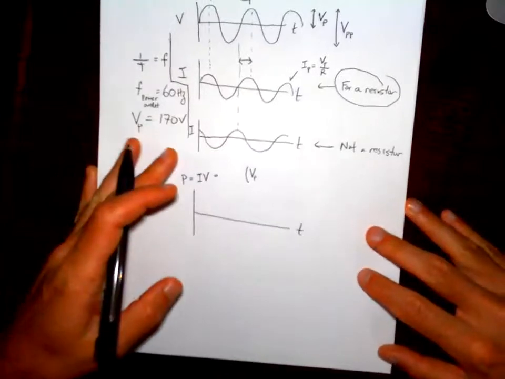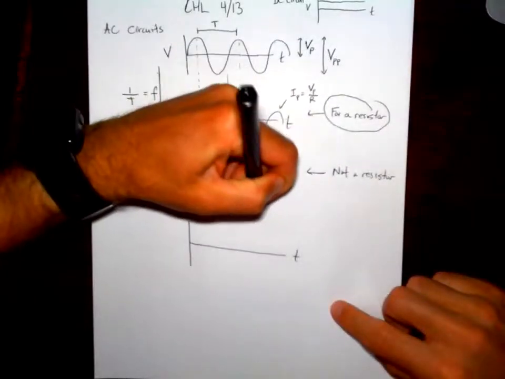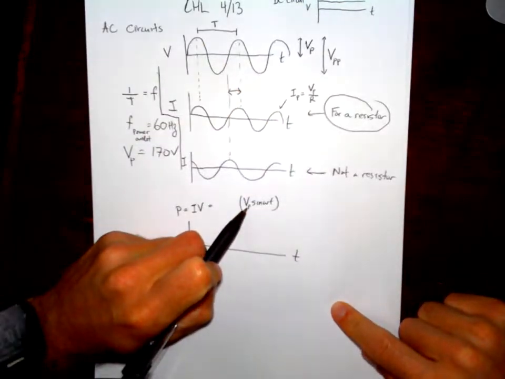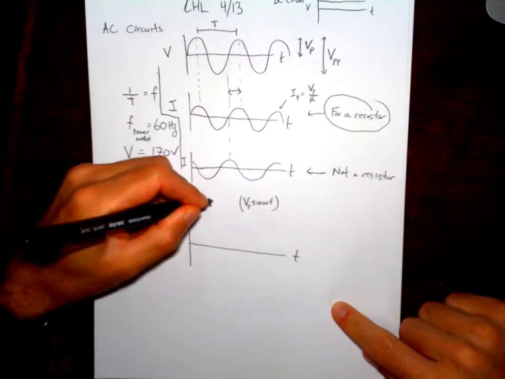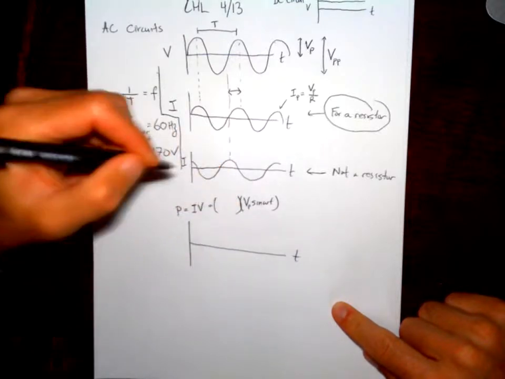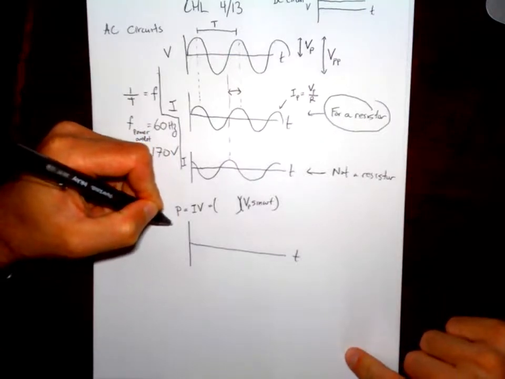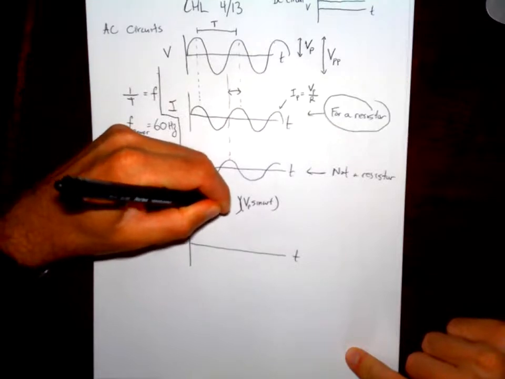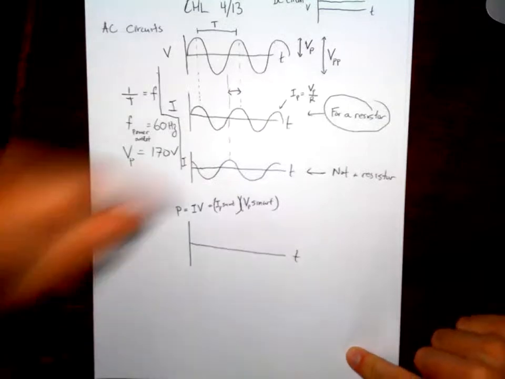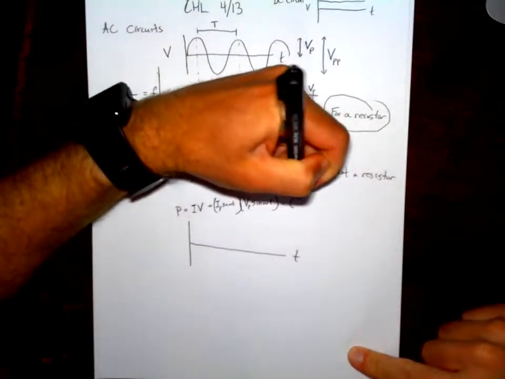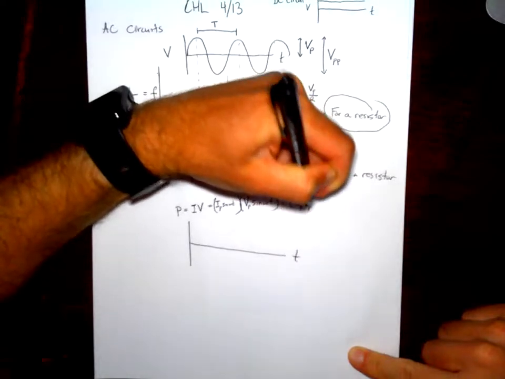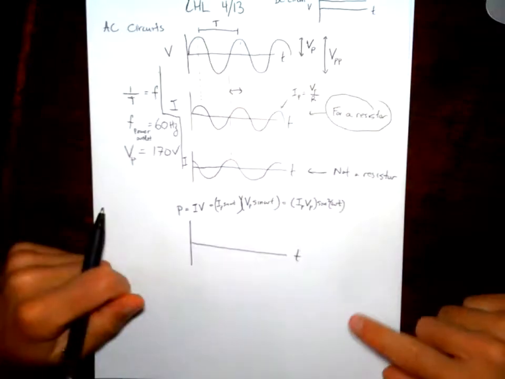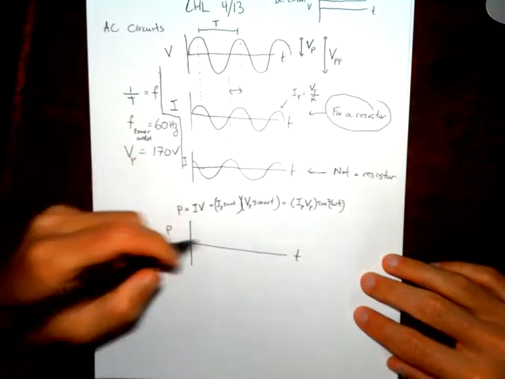Hey, Stephen. So your voltage is V sub P times sine of omega t. And your current is also a sine, so it's I sub P times sine of omega t. So your power as a function of time is I sub P times V sub P times sine squared of omega t. Now I'm guessing you know what the graph of sine squared looks like. It looks like this kind of.